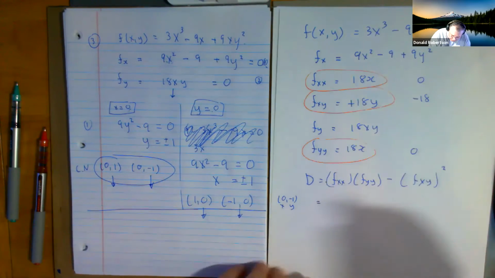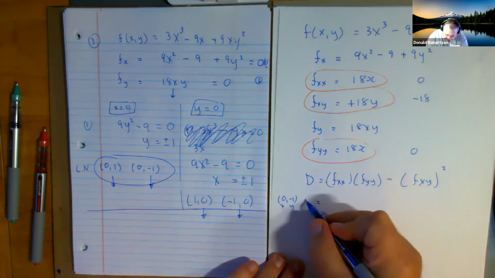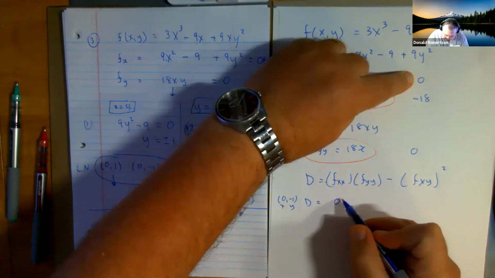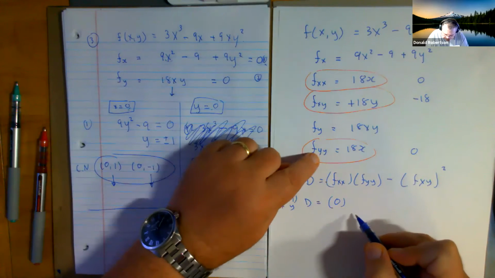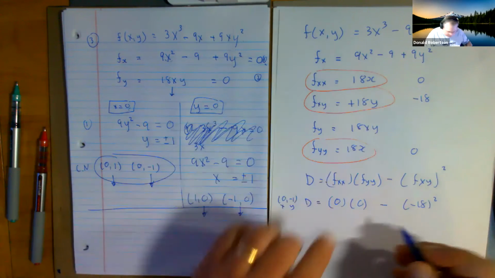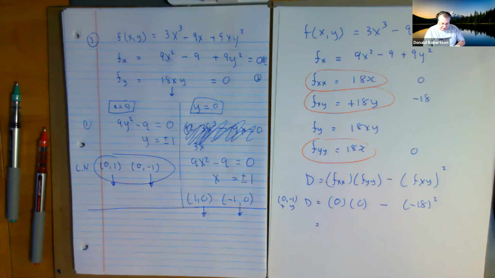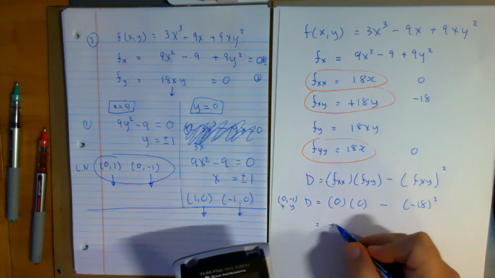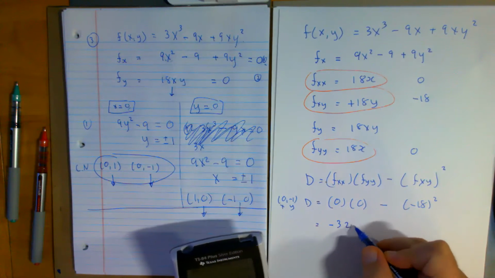Okay. So D is going to be 0 for that piece, 0 for that piece, take away negative 18 squared, and that eventually becomes a very big negative number, which is negative 324. Mistake. What have I done?